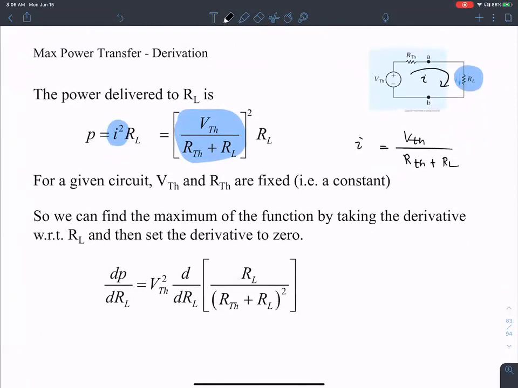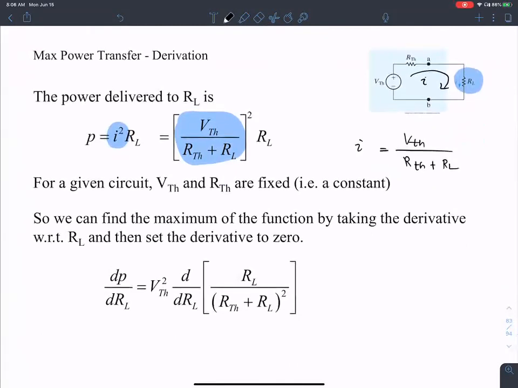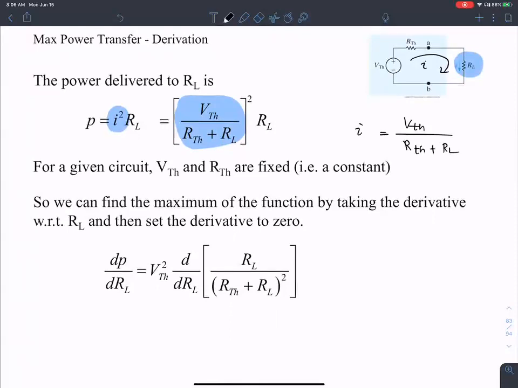Now from your calculus, you know, when you want to look at the maximum or a minimum of a curve, what you want to do is to find the slope. So you take the derivative of this guy with respect to RL and equate that to 0. Where does the slope become 0? The first order derivative, when it becomes 0, that is where you have either a maximum or a minimum.